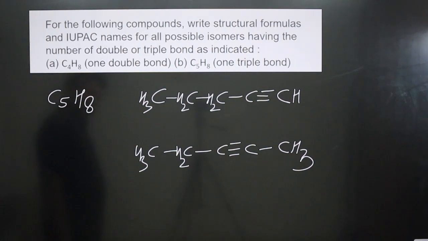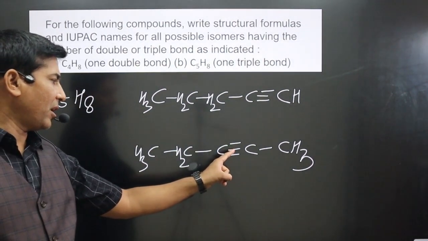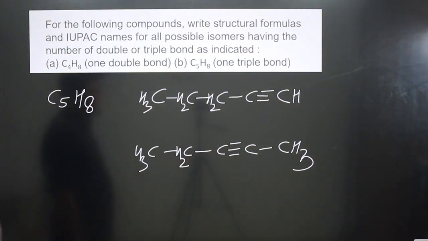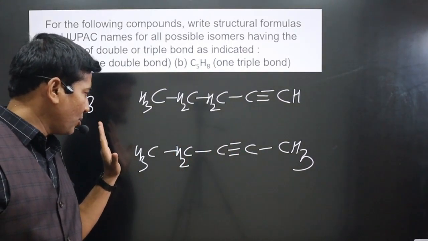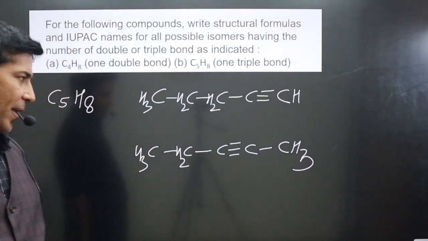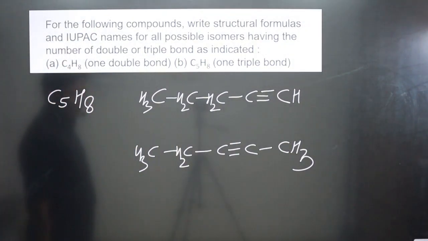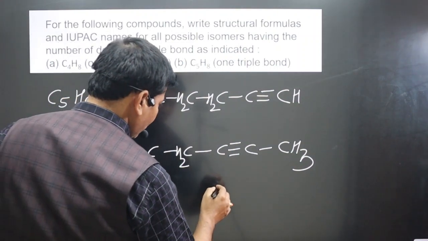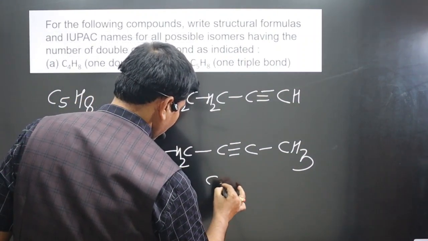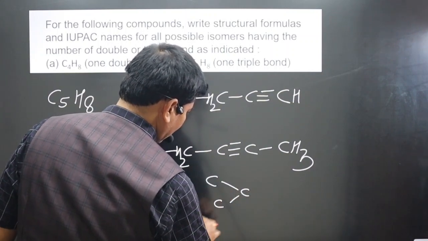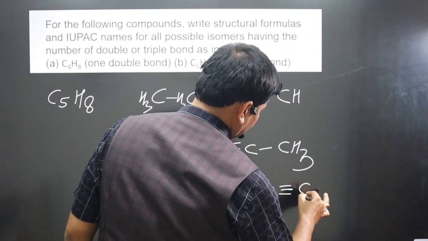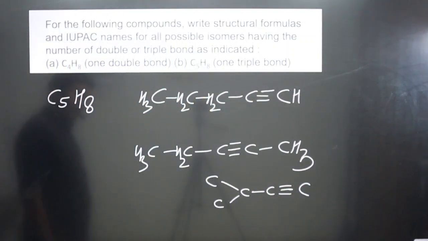Now if I shift this triple bond to this carbon, the compound will be the same, because in that case you have to do the numbering from this side. So we can do the branching now. Branching in the sense we can introduce an iso group: C, C, and C, and we have C triple bond C, 5 carbons we need.